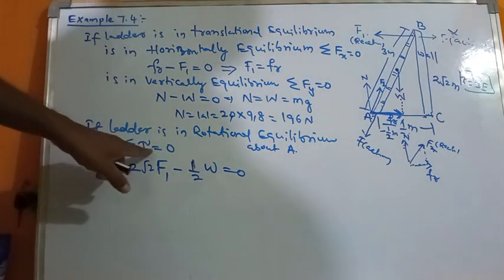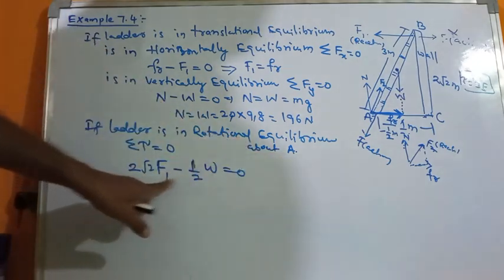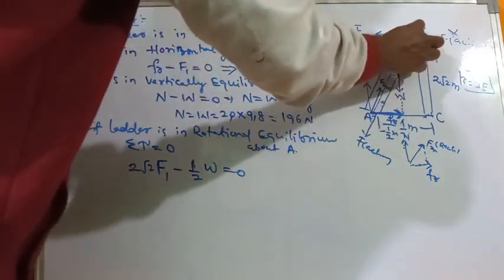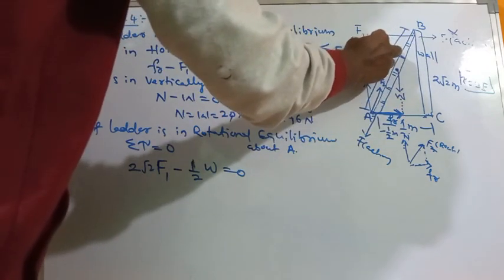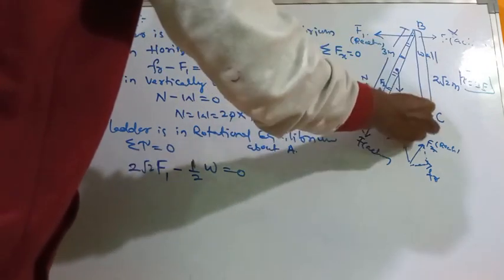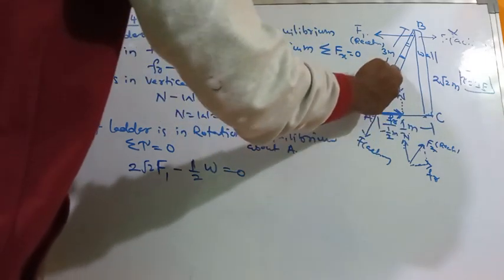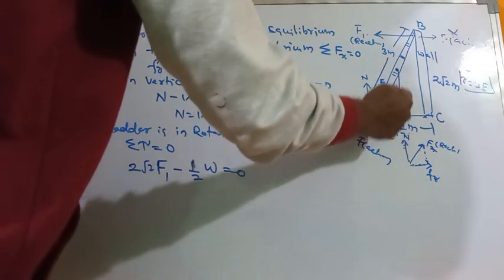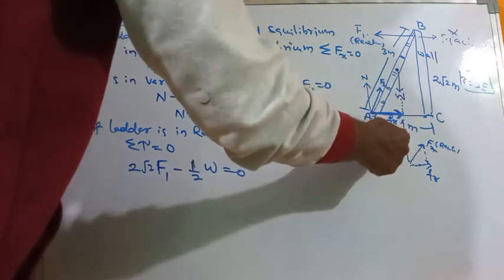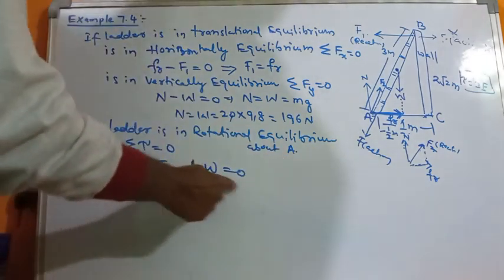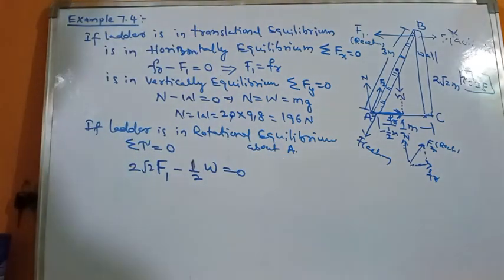Okay, the sum of all torques about A is equal to 0. So this is root 2, this ladder here is acting a force F1 on the ladder, and this is the perpendicular distance. Then here this is the perpendicular distance and here the force W is acting. So here it is positive torque and this is negative torque, so the sum of the torque is equal to 0.